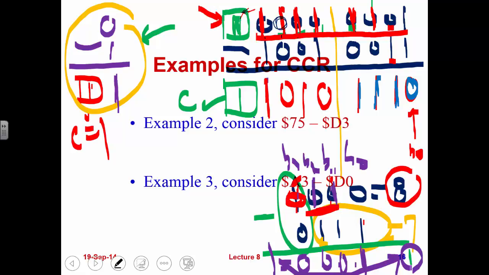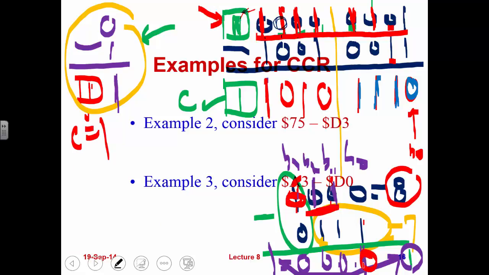Okay, so don't forget when we borrow the last bits, the rightmost bit right here, the bit you are doing subtraction on now must be 1. It's not 0. So you see here, if you write 0, then you're wrong.